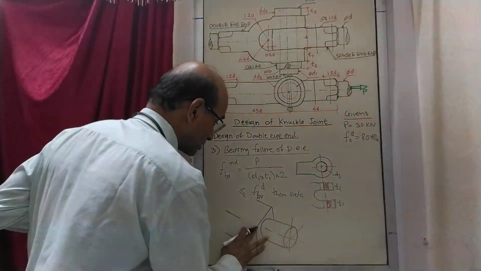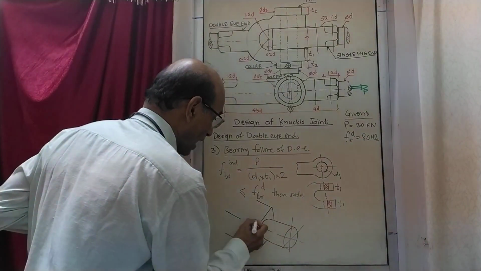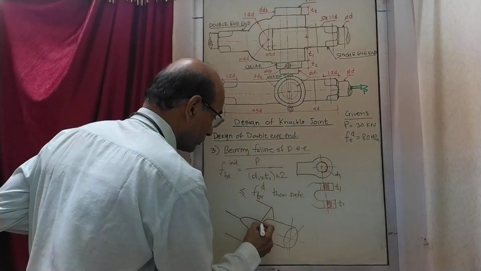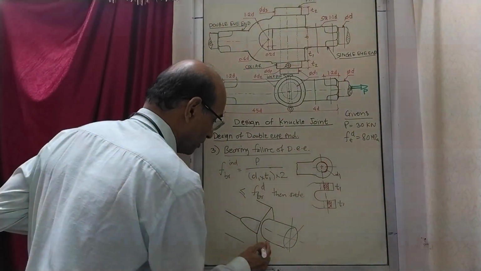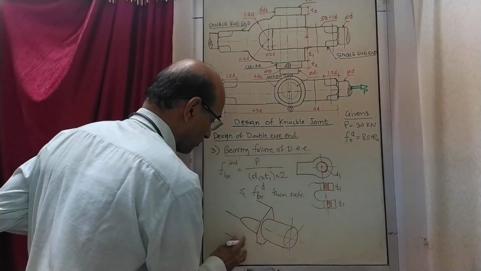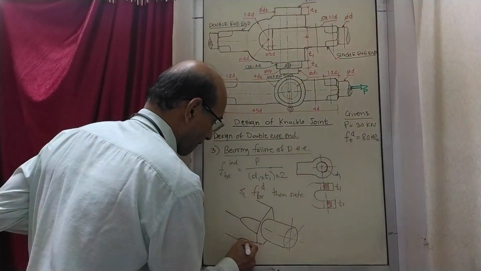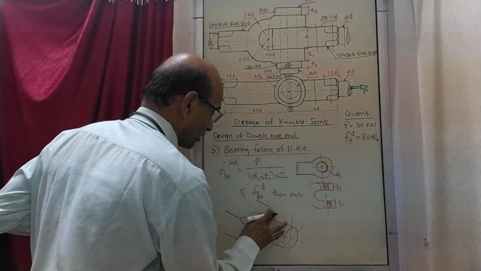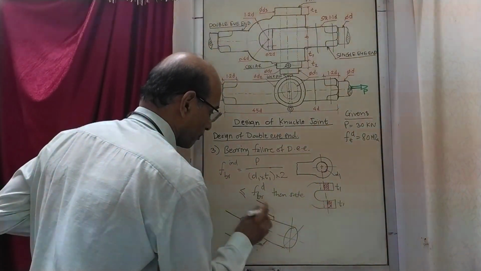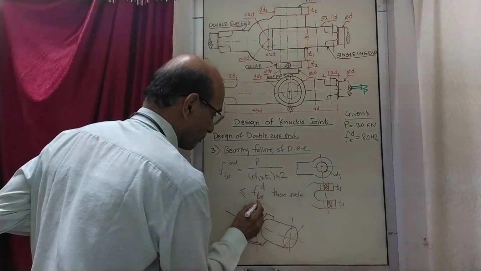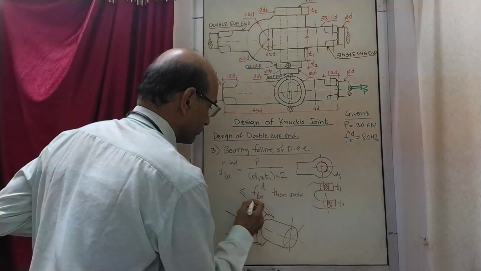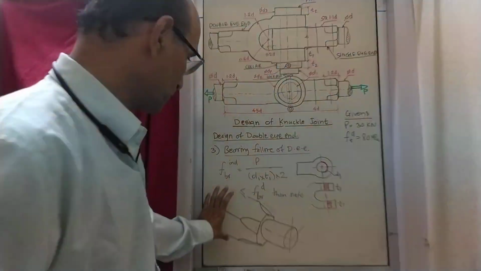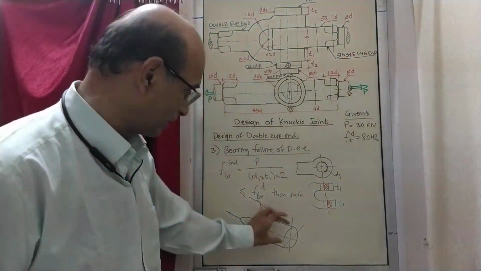For that purpose, these edges are hammered by forging and given some such shape, here as well as here. That means the shape is square, then octagonal, and then circle.